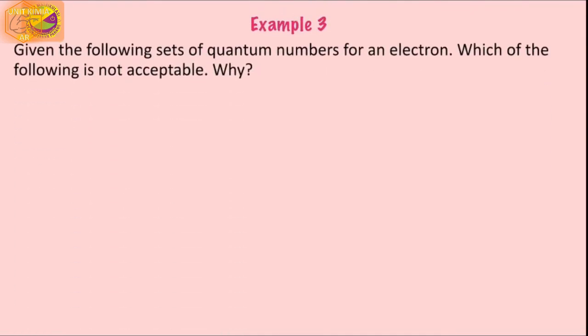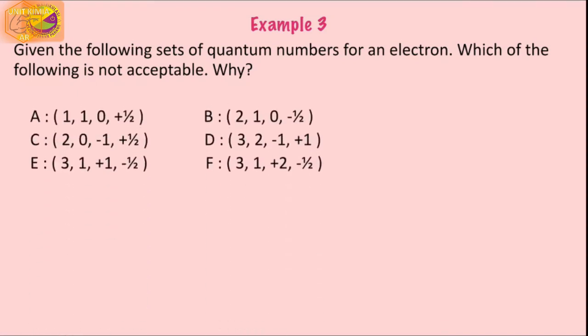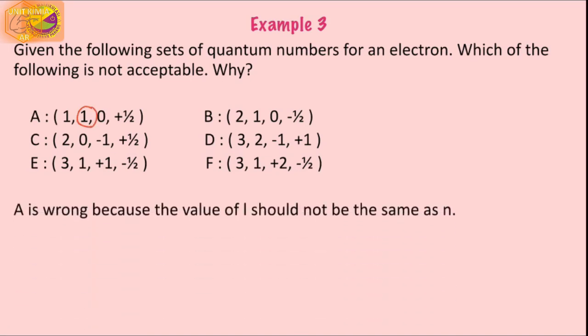Example 3. Given the following sets of quantum numbers for an electron, which of the following is not acceptable? Why? Set A is not acceptable. As we can see here, the value of l is the same as the value of n. So, A is wrong because the value of l should not be the same as n.